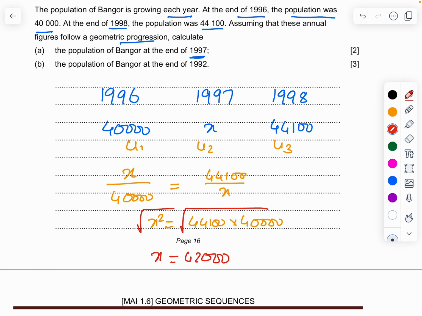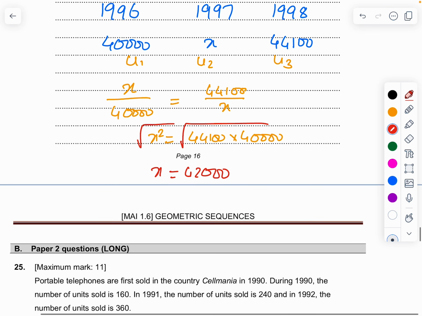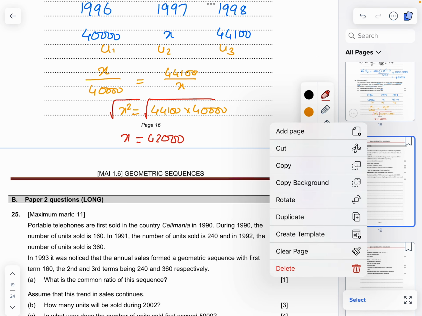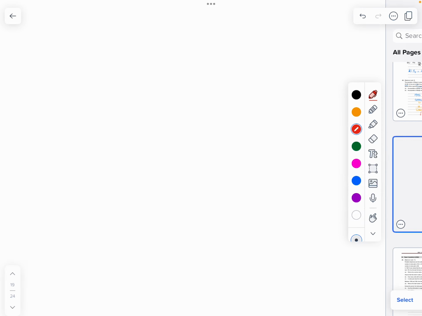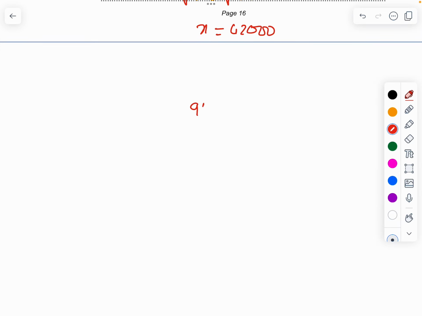Calculate the population of Bongar at the end of 1992. He's asking us to calculate the end of 1992. So it was 4 years before. So when I do that one, it's going to be 96, 95, 94, 93, 92.